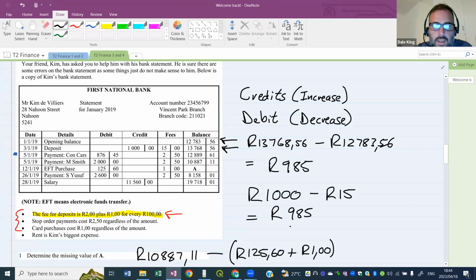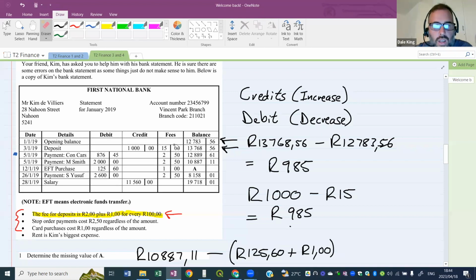And if I add 1,000 minus the fee, which is also 985, then they've changed the bank balance correctly according to those two values. If these two values are wrong, they've changed the bank balance according to the wrong values. I think they've done the bank balance change correctly according to the values provided.